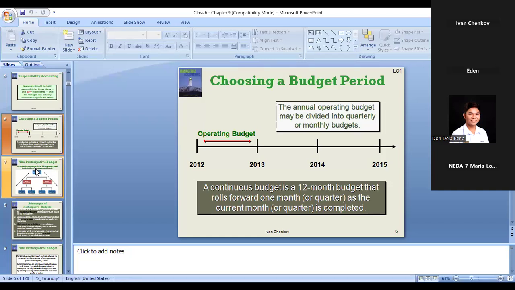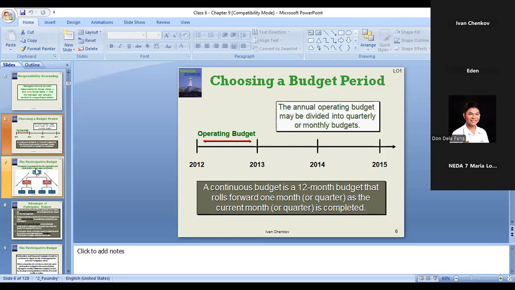Anything above 1 year, we're going to call capital budgeting. Why? Because now we're moving ahead of time. When you're preparing the capital budget, you usually prepare it for a long period of time, for 1 to 5 years. Usually 5 years is the maximum that a capital budget is prepared for.